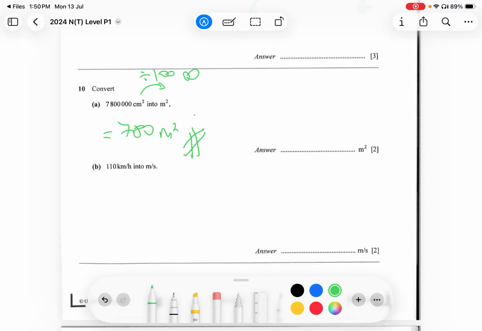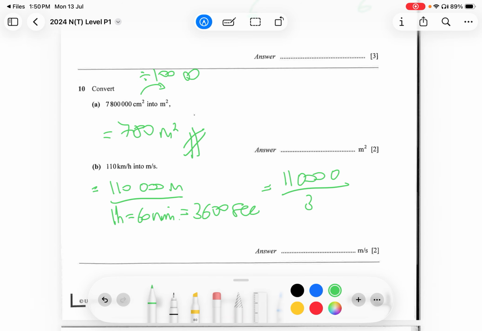Then km square into meter square is 1000 meters. 1 hour is 60 minutes, which equals 3600 seconds. So in reality it is 11000 over 3600 meters per second.